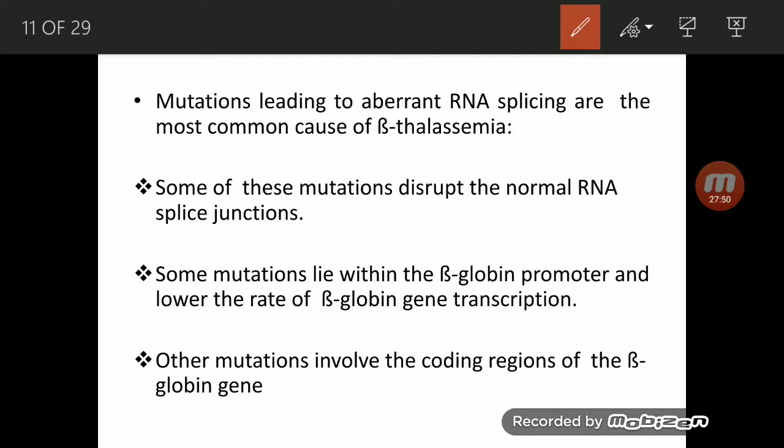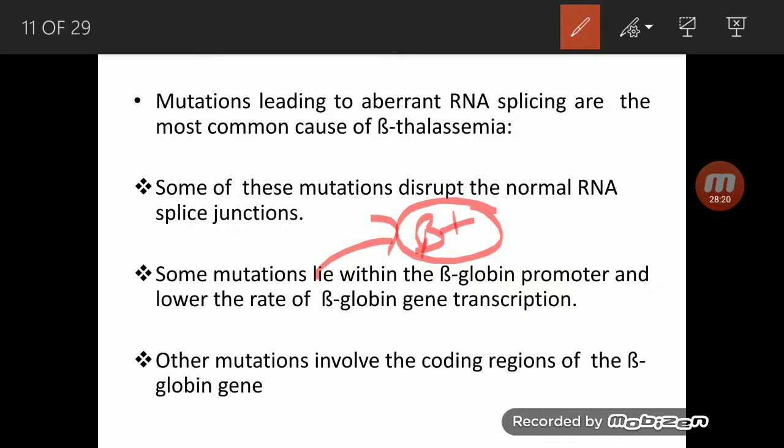Second is some mutations lie within the beta globin promoter and lower the rate of beta globin gene transcription. So in case of transcriptional defects, you are only affecting the rate at which your beta globin is being produced. So normally this type of mutation will form a moderate type of thalassemia.